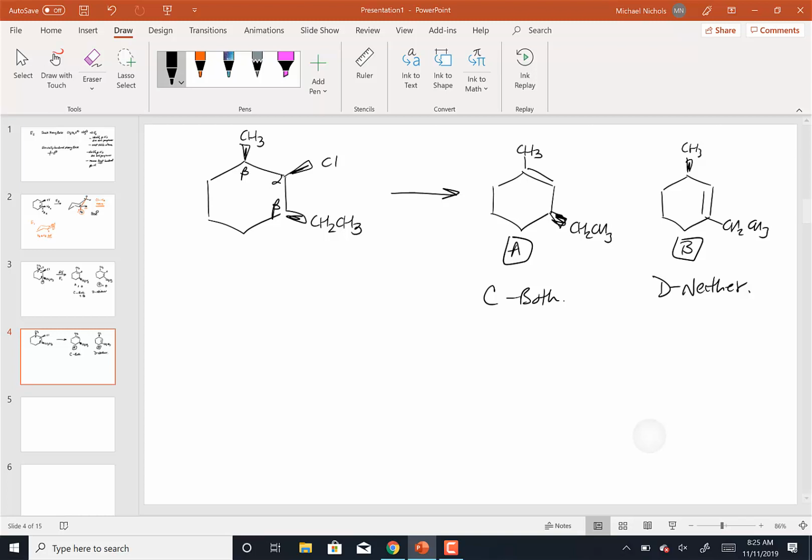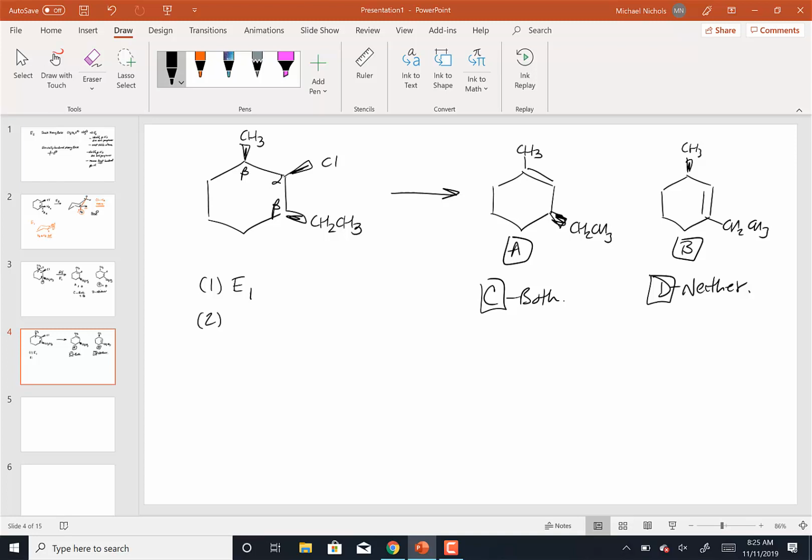Okay. So here are going to be my questions, because I can ask multiple questions from this problem. Number 1, E1. What would be the major product or products of E1?